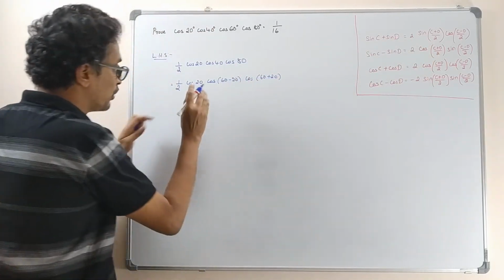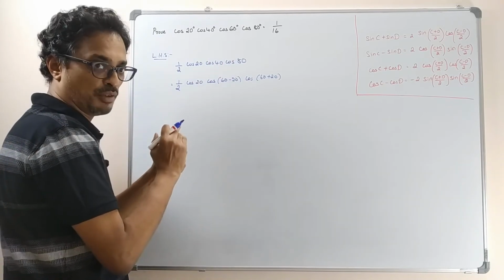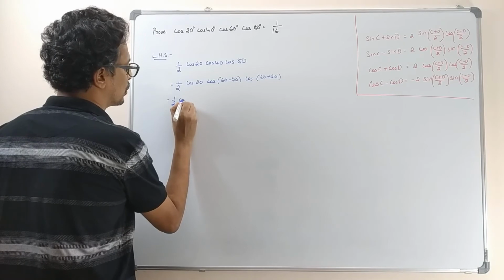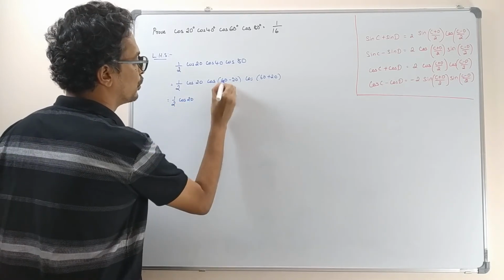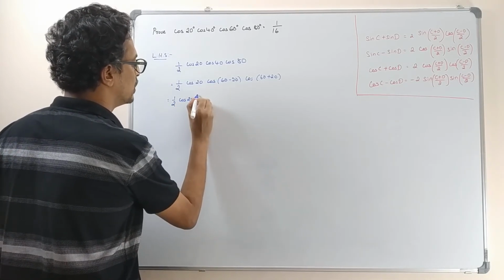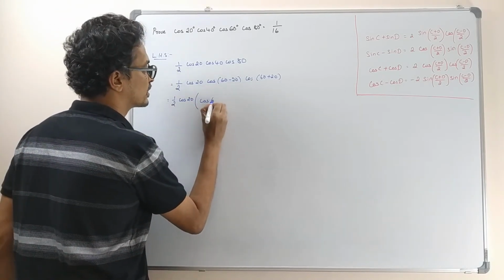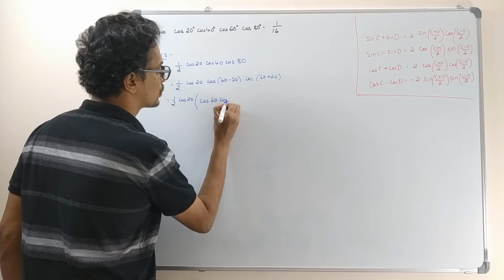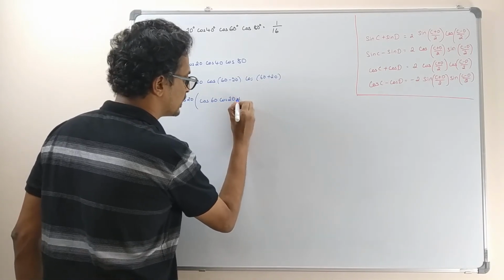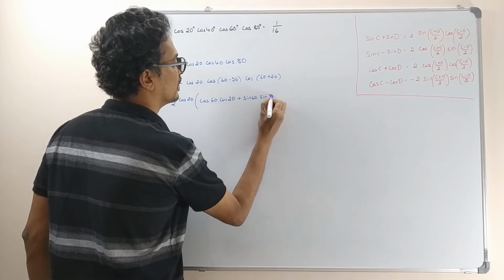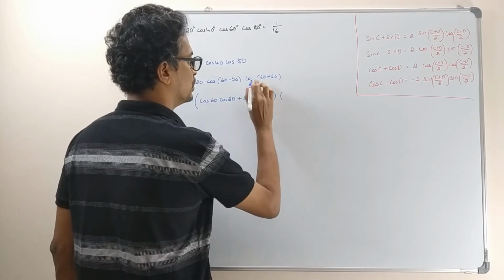Okay. So let me use the cos (A plus B) and (A minus B) formula. So what you are going to get? 1 by 2 cos 20 into cos (60 minus 20) is what? If you remember, what is the formula? A minus B, right? So cos 60 cos 20 plus sin 60 sin 20 into, this will be what?